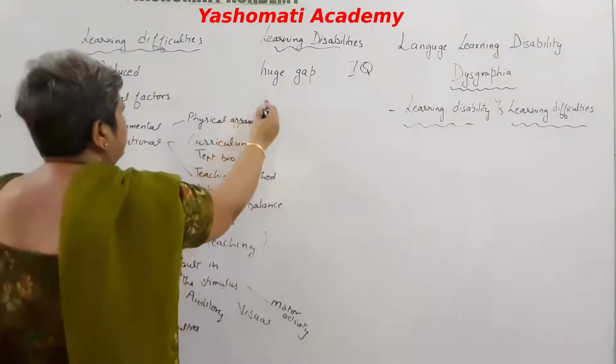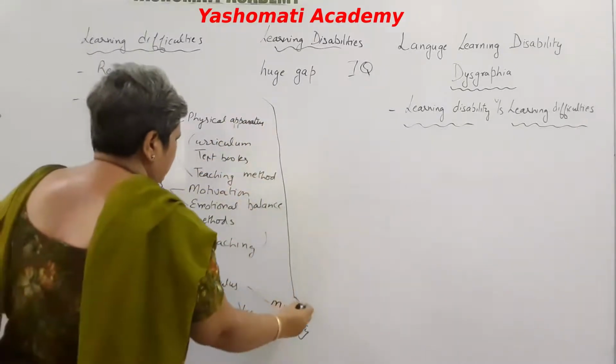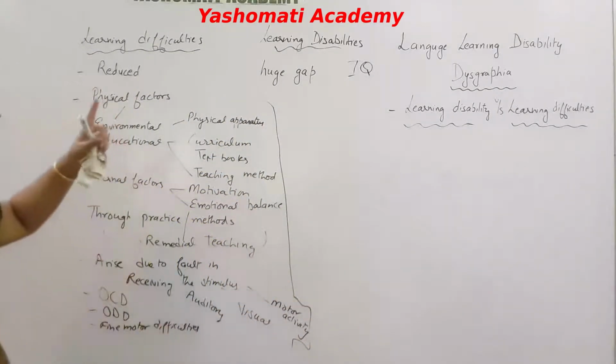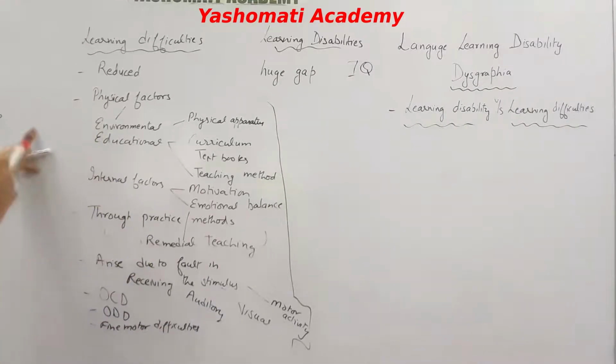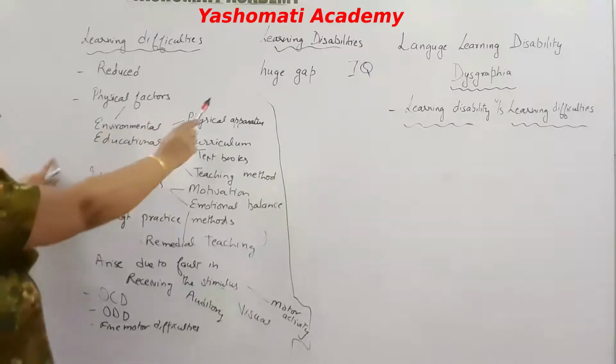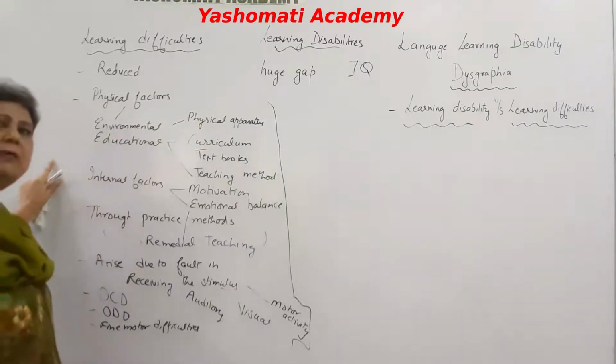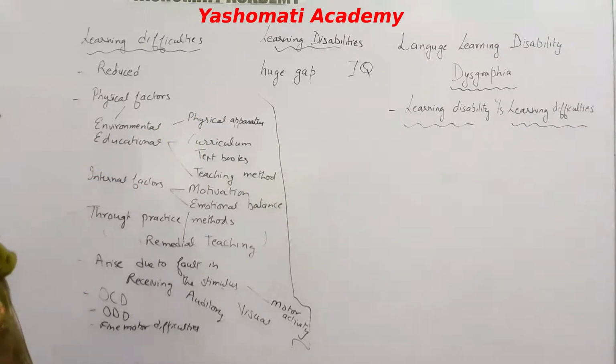Now, in comparison to this, what do we see about learning disabilities? One major difference we have already understood is that there will be a huge gap between the IQ level and the performance level.